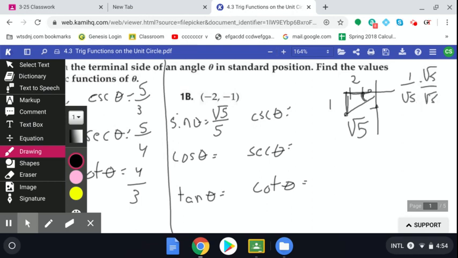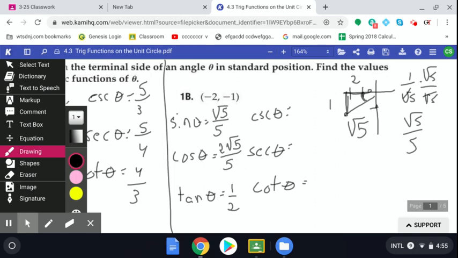And you get square root of 5 over 5. All right. Cosine theta would be 2 over square root of 5, which would be then 2 square root of 5 over 5. Once again, you got to rationalize. Tangent theta would be opposite over adjacent, so 1/2. Then you flip them.